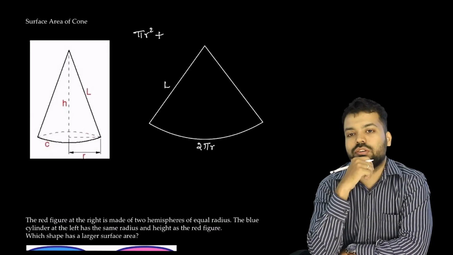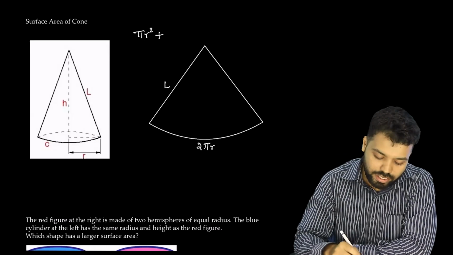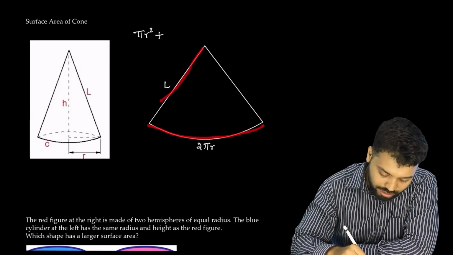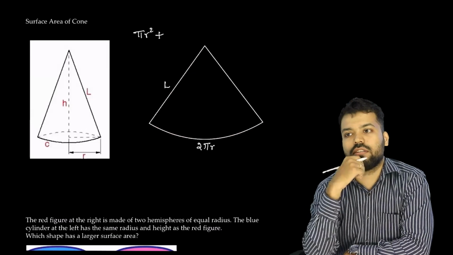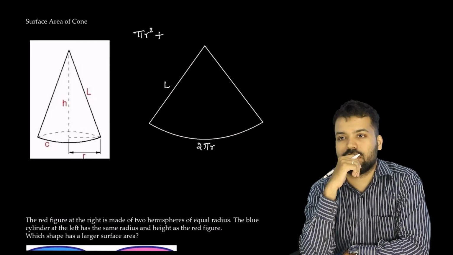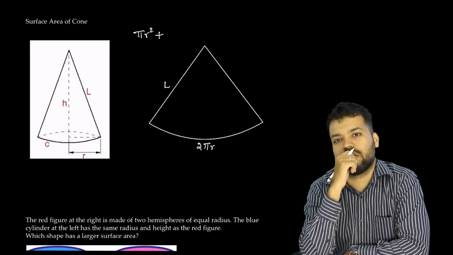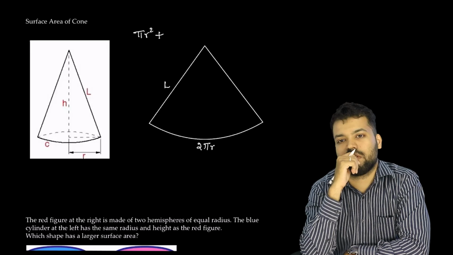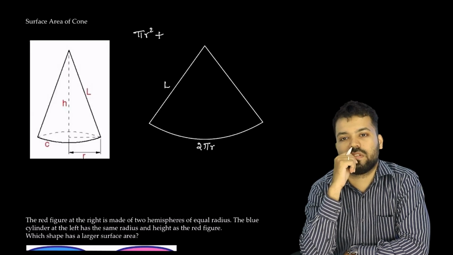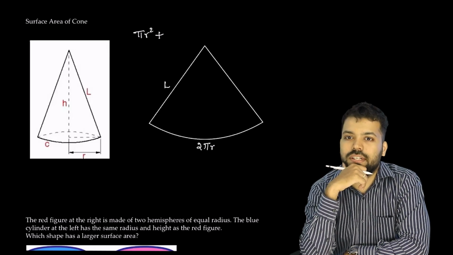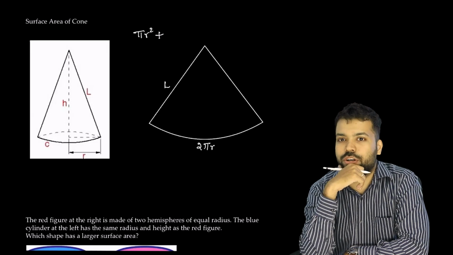If I know the length of the arc and the radius, how do I get the area? We can first find the angle that the two radii make, and then we can use the standard result that the area of a sector is theta r square by 2. Suppose we do not have an idea about them, then what do we do?